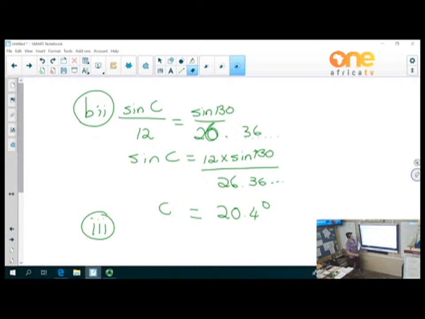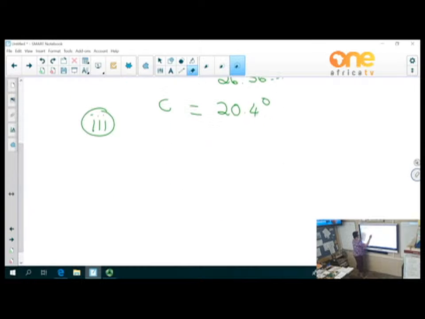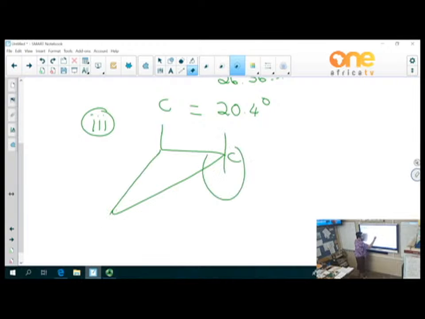So what would it be? So there at C, this is the north line. So this is what we want to calculate. Now A from C. Okay, it's A from C, so it's there. So this one is now 20.4.